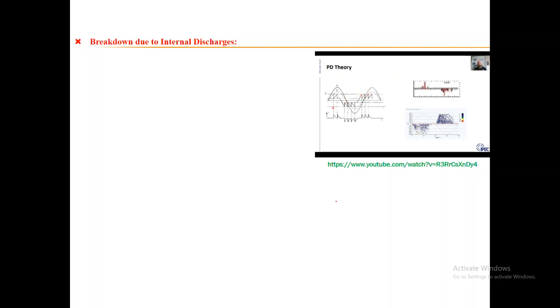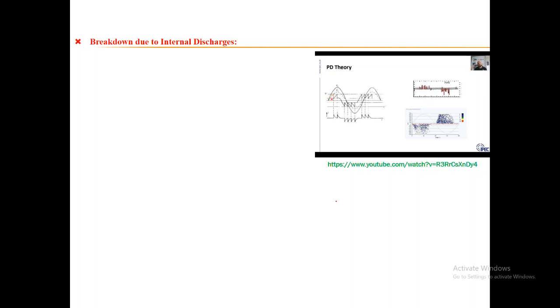What happens is, as the energy in the power cycle is increasing, the stress across that defect is also increasing until eventually it reaches that breakdown point, and then it indeed breaks down.